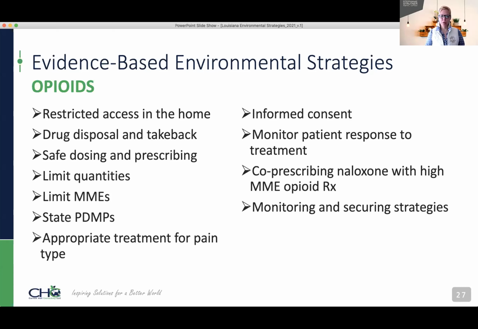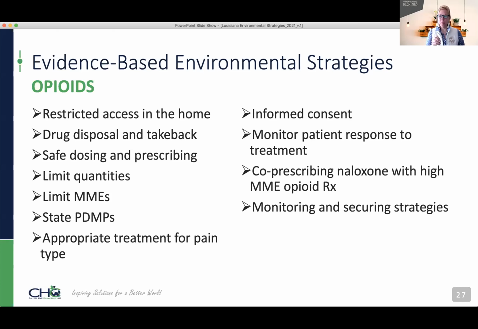Utilizing the state prescription drug monitoring programs or controlled substance monitoring databases to track where and by what means people are prescribed opioids, where they are getting the opioids, where they are being dispensed, and how much, what's the average MME or the MME per capita that's being prescribed are great ways to begin to limit.